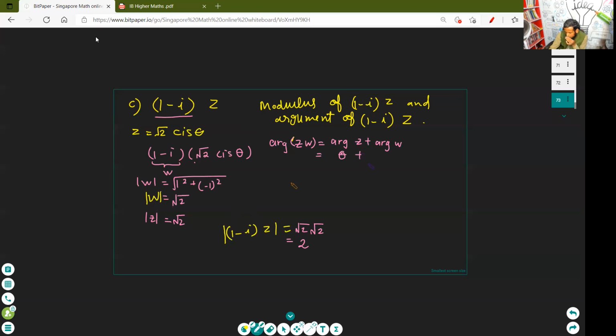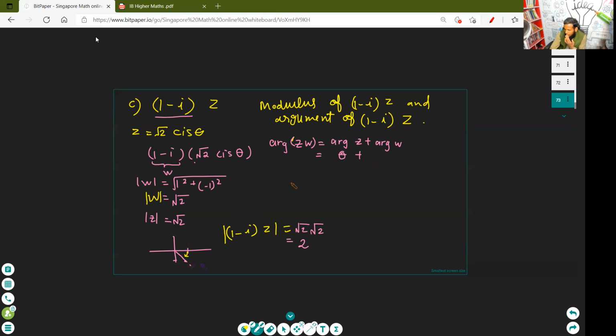Argument of W, I have to draw. 1 here. What was the formula?